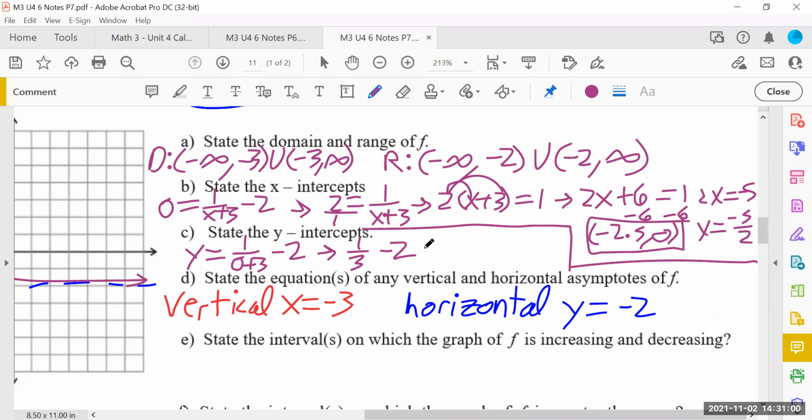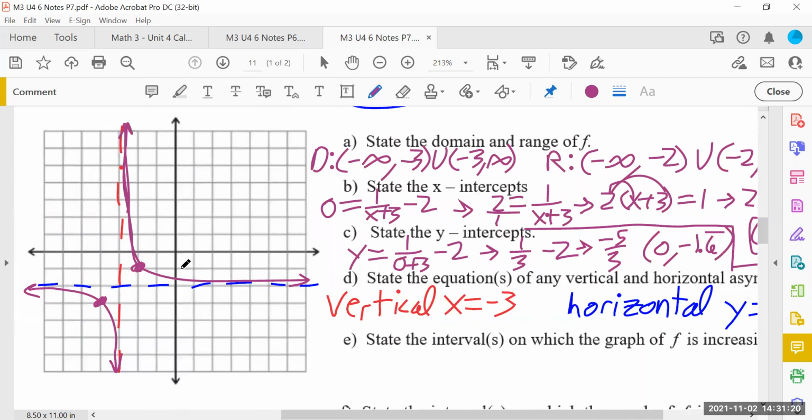Or you could get a fraction, make this 2/2, make this 6/3, and get -5/3. So either -5/3 or -1.6 going on forever. Let's look and see if that makes sense. There's my y-intercept between -1 and -2. It should line up with your graph.